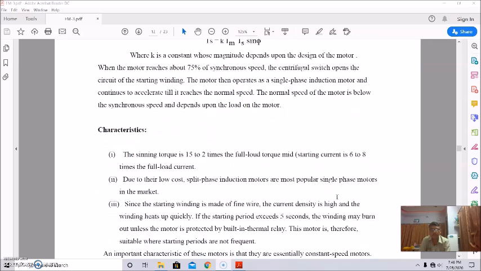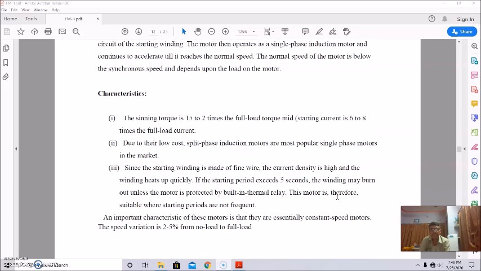Among the characteristics, the running torque is 1.5 to 2 times the full load torque, and the starting current is 6 to 8 times the full load current.